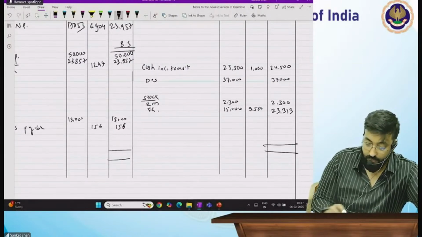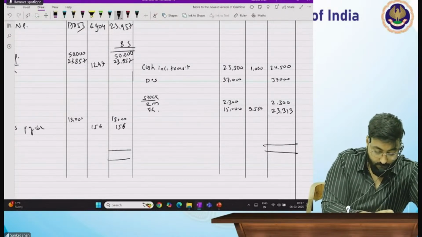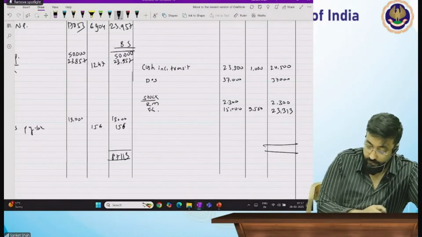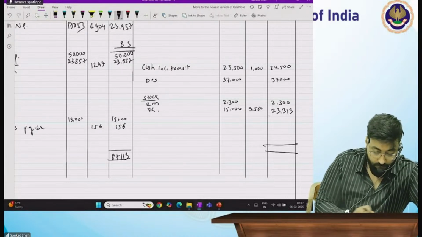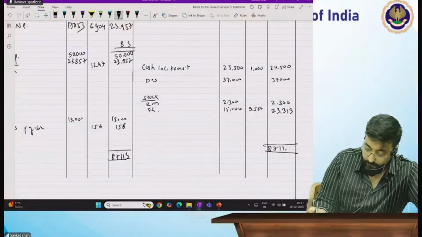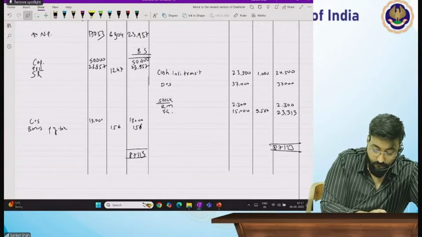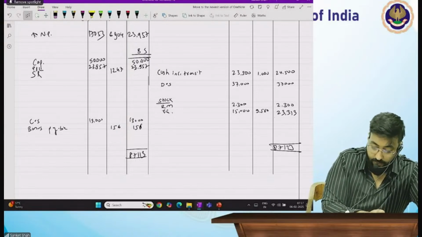Total column. 87,113. Yes, sir. And is your HO balance sheet also going to tally in the HO column? No, sir. How much will be the difference? 10,404.